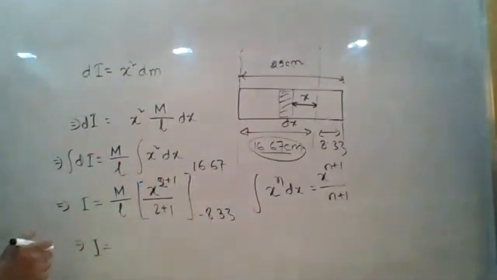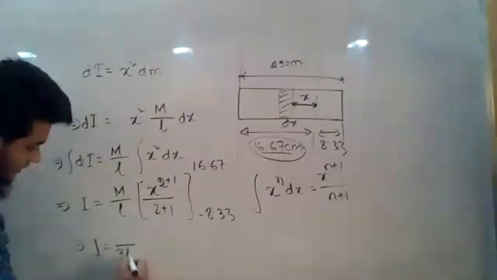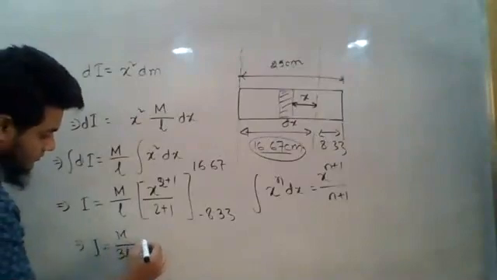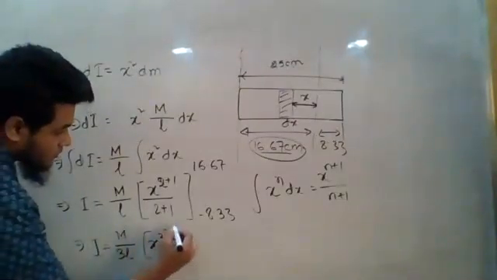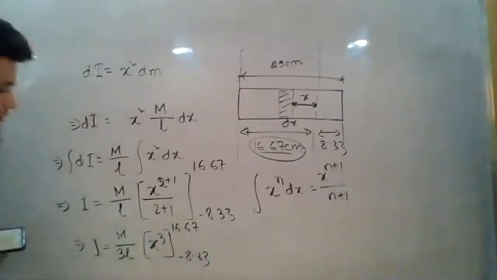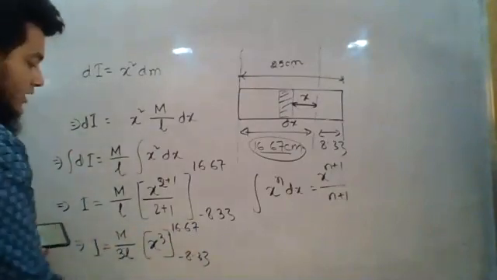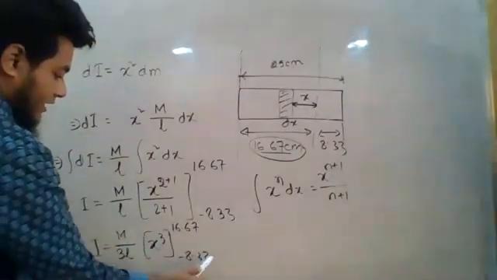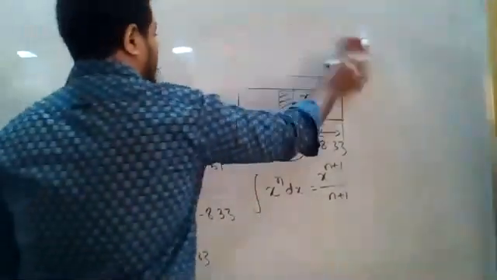Okay. Achha. Then it will be 3L in the denominator, M and x cube. So 16.67 minus 8.33. So you will replace x with 16.67 once and then put a minus sign and minus 8.33 cubed, putting the upper limit and lower limit.